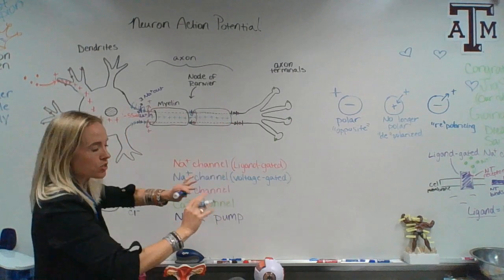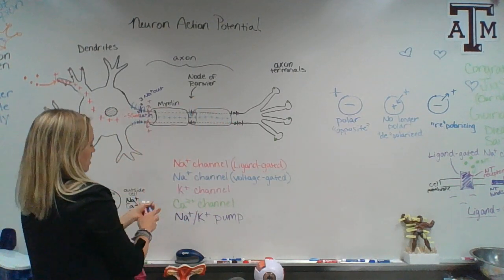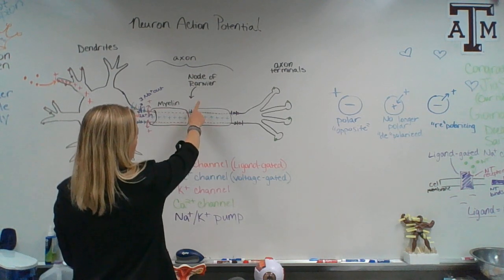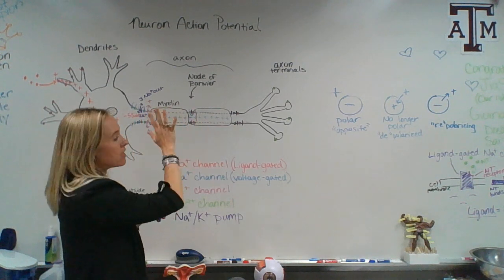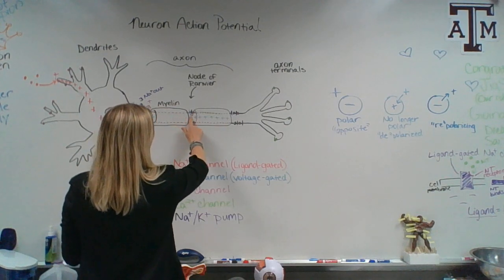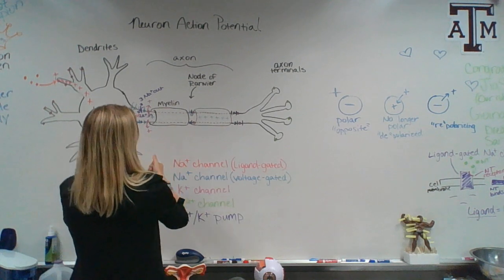It pushes it down. Right behind it, it is switching back because the potassium gates open, potassium leaves, and it becomes repolarized, and then the sodium-potassium pump resets it. So as the positive charge goes along, there's a wave of negative behind it.